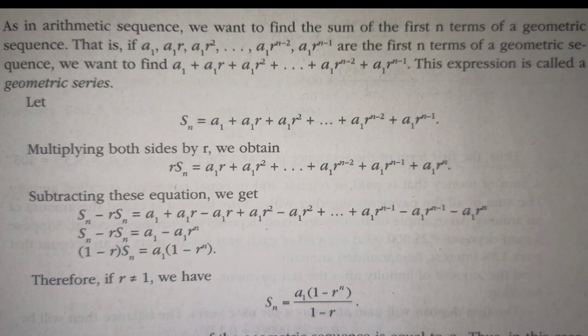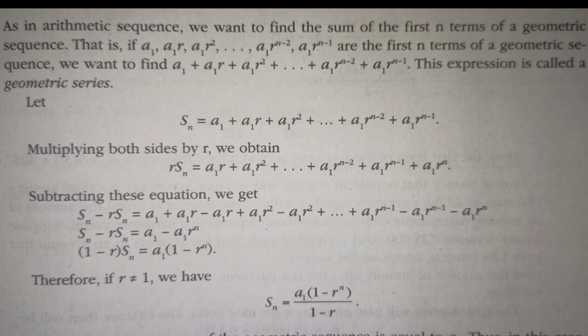Subtracting this equation, we get S sub n minus r S sub n equals a sub 1 plus a sub 1 r minus a sub 1 r plus a sub 1 r squared minus a sub 1 r squared, and so on, plus a sub 1 r raised to the power of n minus 1 minus a sub 1 r raised to the power of n minus 1 minus a sub 1 r raised to the power of n.